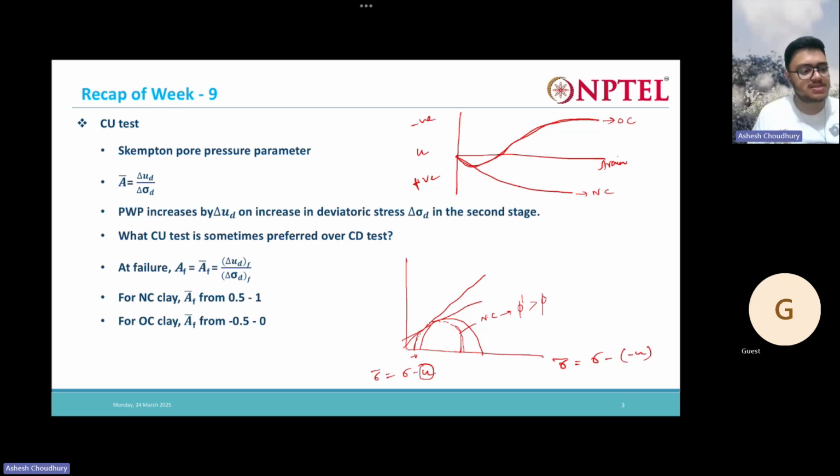So there are many things. I understand that it's difficult to grasp everything at the first instant because it's very new to you, right? We have been studying it for so many years, so it's very easy for us to understand. But for you, studying this for the first time, it's a little bit difficult because this shear strength topic is very vast. We are just touching the main topics a bit so that you know this thing exists.